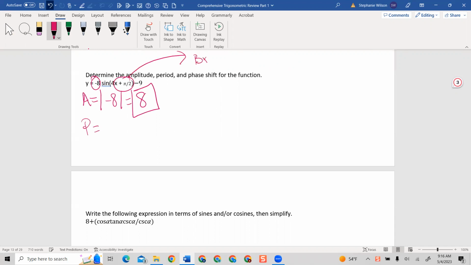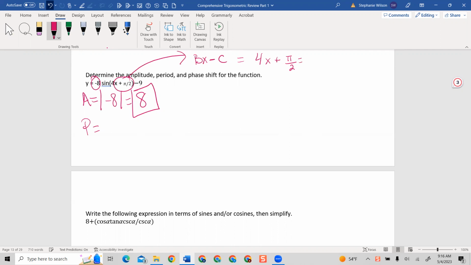So we have bx plus c here, right? And the formula, we go all the way back, the formula should be negative c, right? And what we are given here is 4x plus pi/2. So I'm going to factor out this 4 as the coefficient on x.